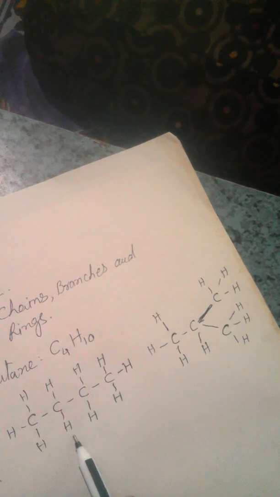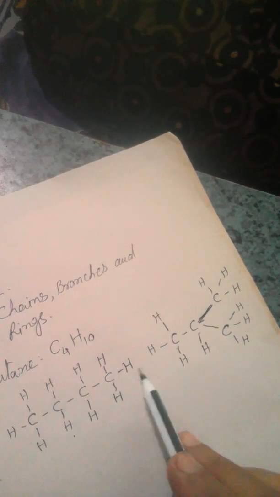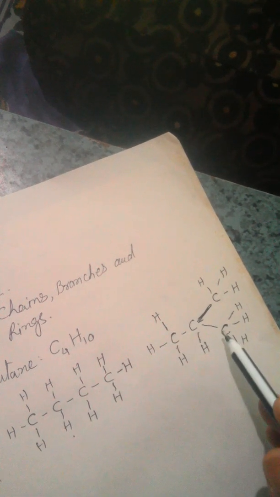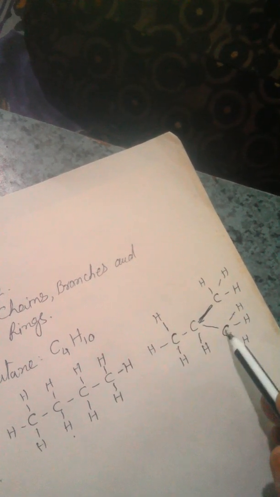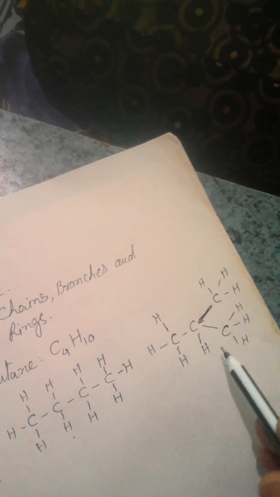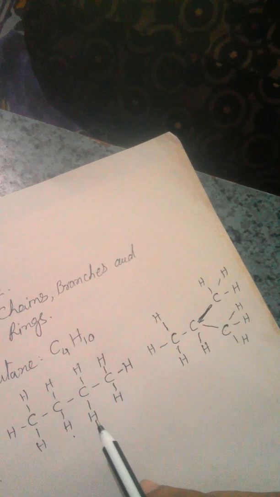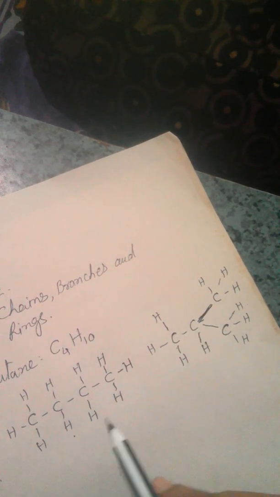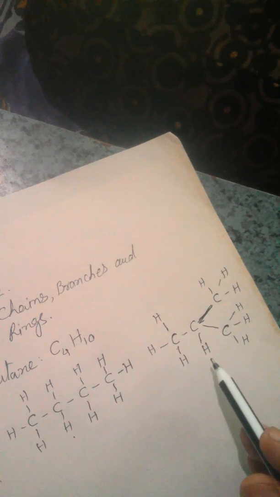This is a simple long chain of carbon, a saturated structure. This is also a saturated structure, but a branch is there. Both are butanes. Their physical properties may differ, but chemical properties are almost the same.